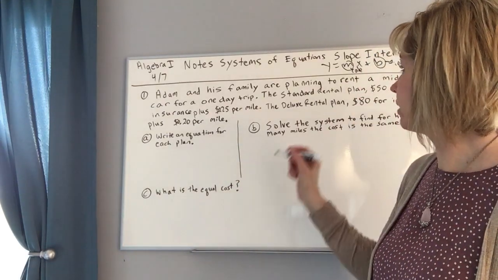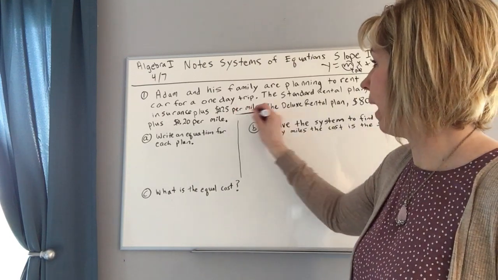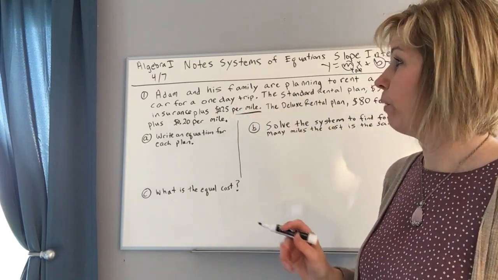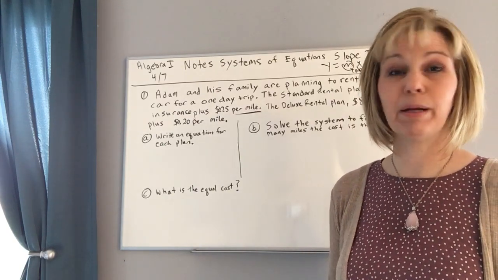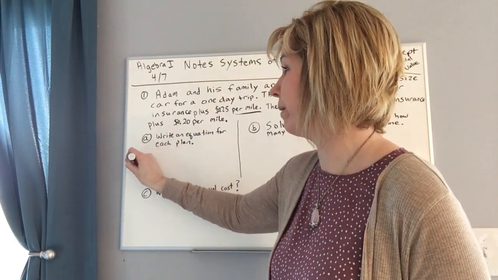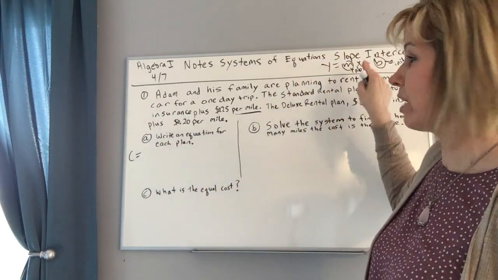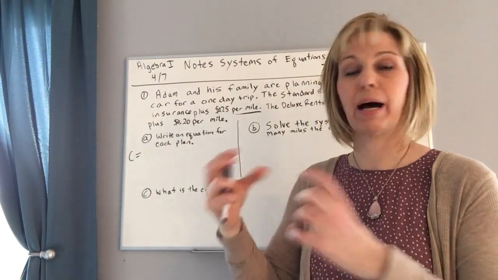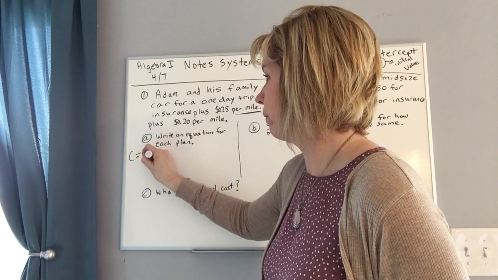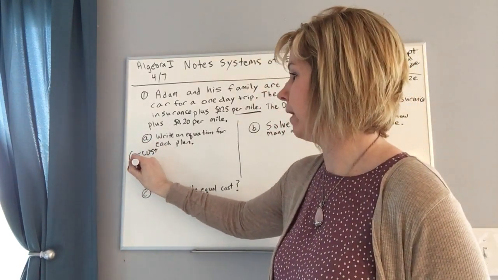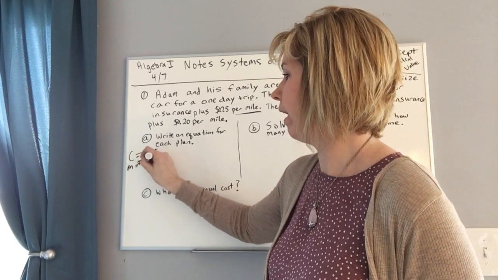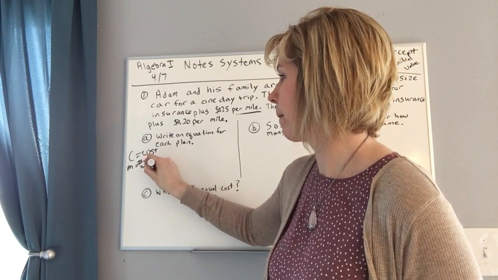We've got miles, and we want to know how much it costs. Cost depends on how many miles, so the cost will be our y. C will be for cost, and m equals the number of miles.